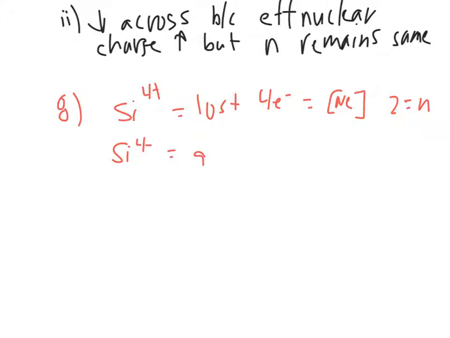Si4- has gained 4 electrons, and it now has a configuration like argon or the 3rd energy level. So Si4+ has emptied out the 3rd energy level, while Si4- has filled up the 3rd energy level. So that's the huge difference in its size, is it's a difference of an energy level.